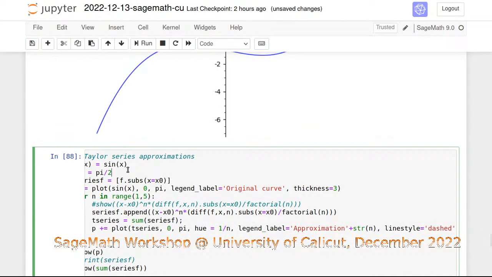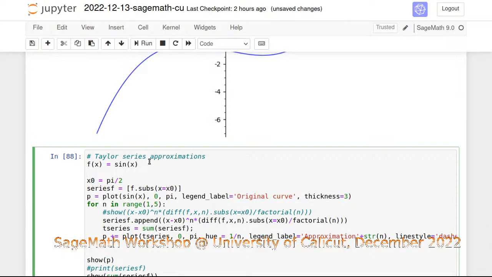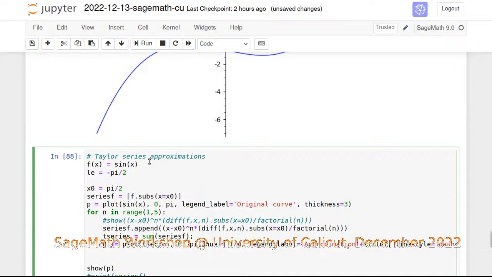Now, okay, we will try to see one more thing. So here we have taken the range 0 to pi. So let us take the left endpoint LE as minus pi by 2 and the right endpoint as pi by 2 of the plotting interval.